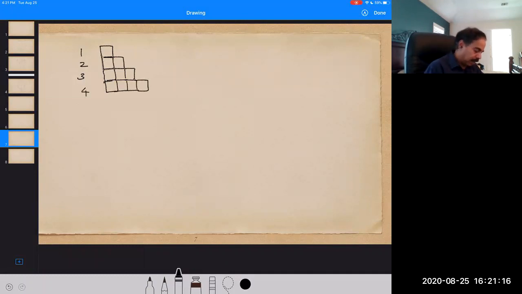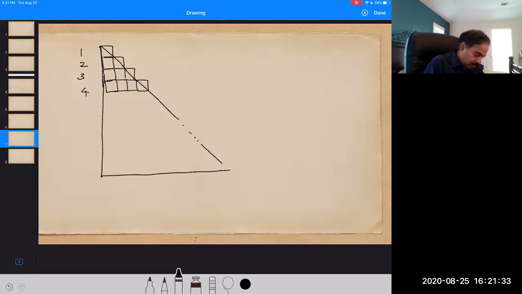So eventually, this is n, right? So I've put one square for each one.